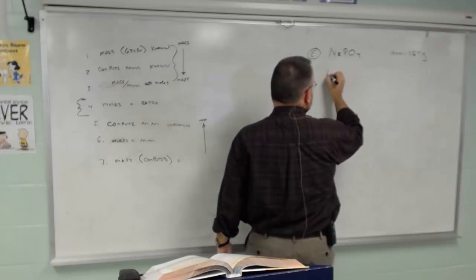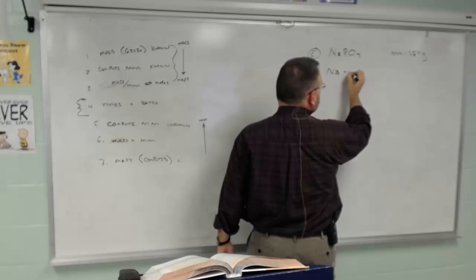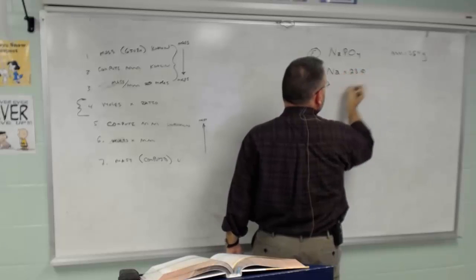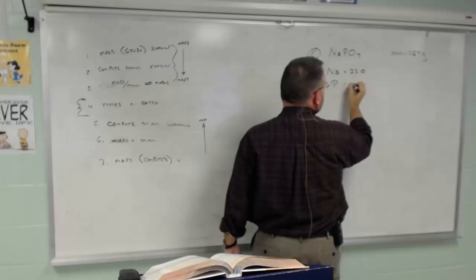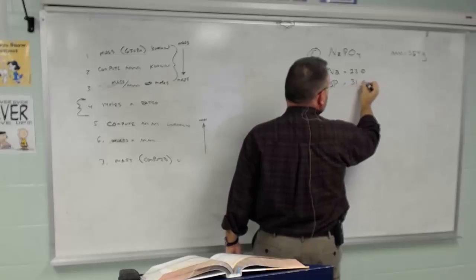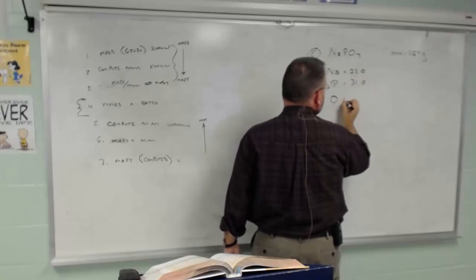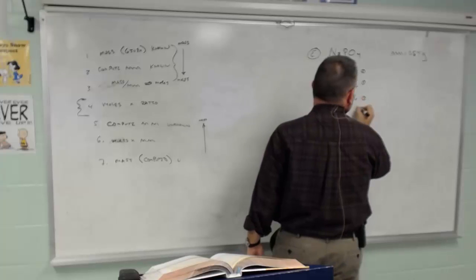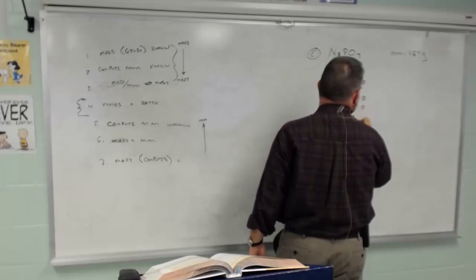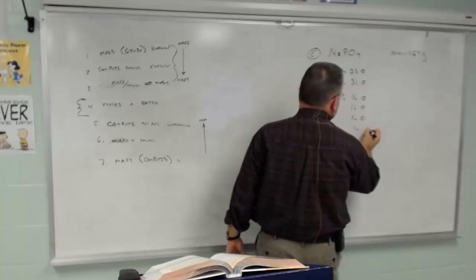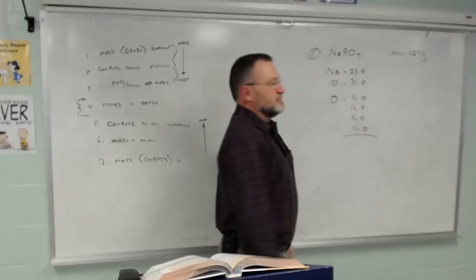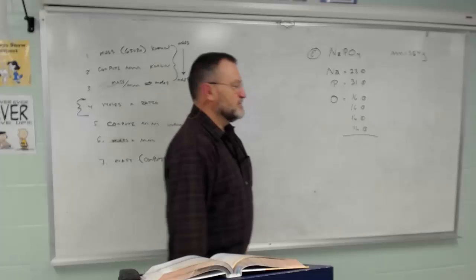So let's add them up. The sodium, phosphorus, and oxygen should be 16. And remember, we're going to do this by adding them up, which in this case it won't matter because it's all 2.0 anyway, right?